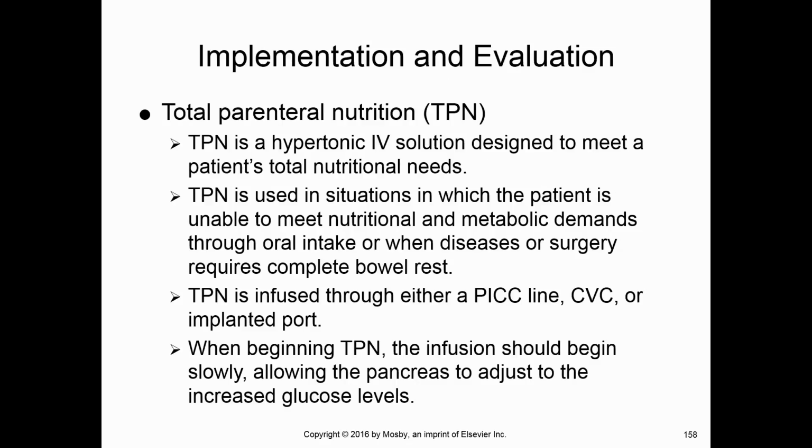Total parenteral nutrition. So there is a lot of good stuff in this fluid. It's a hypertonic solution. We give this for patients to meet their nutritional needs because they, for some reason, are not eating. Usually this is through a PICC line or a central venous catheter or an implanted port.